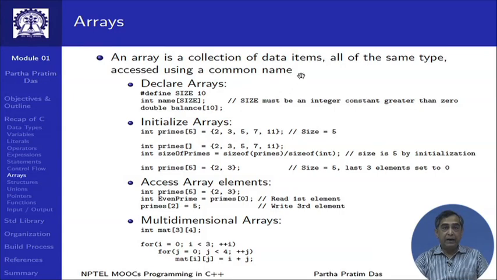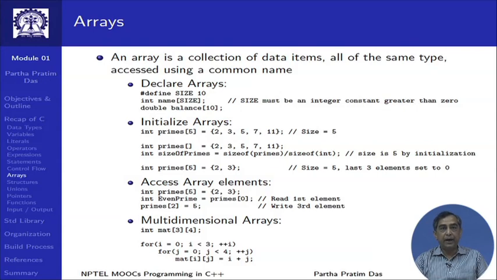Then an array can also be initialized. Arrays can also be initialized. If I just declare an array, then the elements do not have any specified value, but I can declare as well as initialize the array.